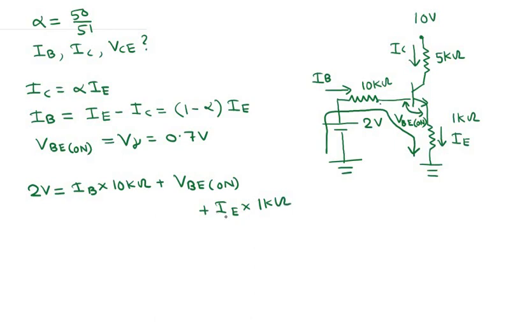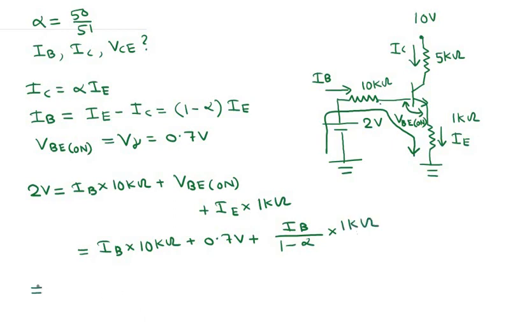Now IE is IB divided by 1 minus alpha. So IB into 10 kilo ohm plus 0.7 volts plus IB divided by 1 minus alpha into 1 kilo ohm. 1 minus alpha is 1 divided by 51, so 1 by 1 minus alpha is equal to 51.